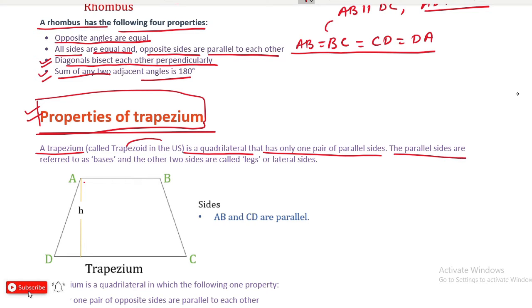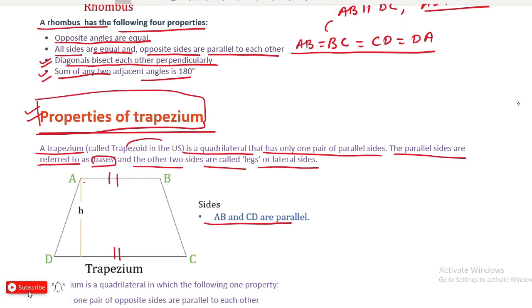The parallel sides are referred to as bases. Parallel sides are known as what? Bases, and the other two sides are called legs or lateral sides. Okay. Here in this figure ABCD, AB is parallel to DC. Okay.